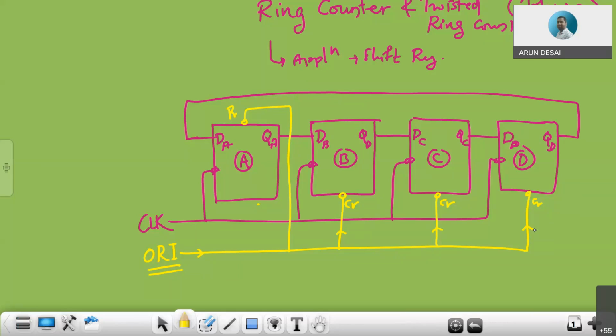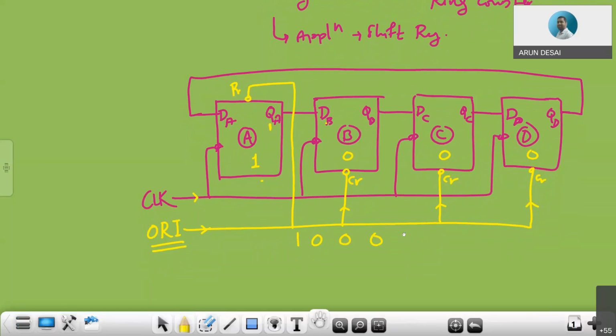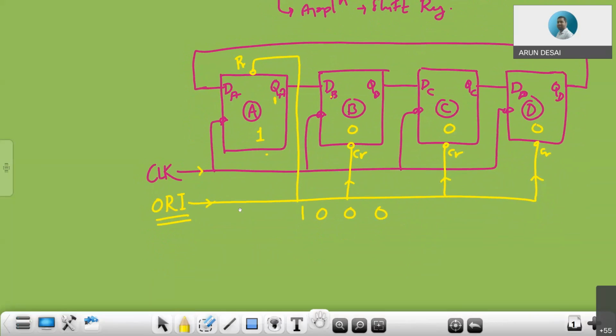That means the output after ORI is 1, 0, 0, 0, if we pass the override input. And after that, if you apply the next clock pulse, this 1 is there as the output and is passed as data input. So initially, the case is 1, 0, 0, 0.